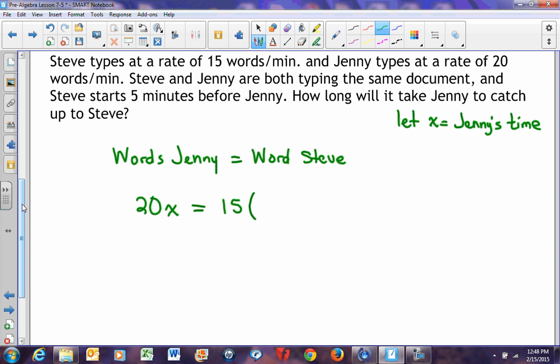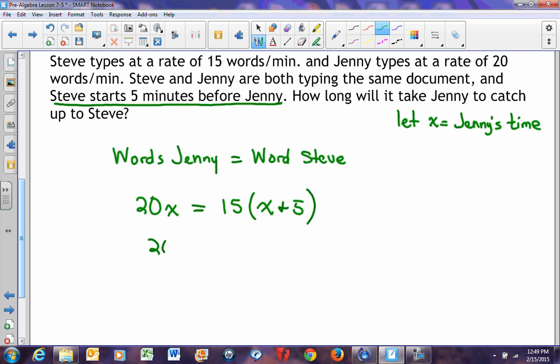If you remember up here in the document, it says that he starts 5 minutes before Jenny, so he would be Jenny's time plus 5 minutes because he got a 5 minute head start. So Jenny's words per minute, 20 times the amount of time she's typing, has to equal Steve's words per minute, which is 15 words per minute, times the time he's typing, which is x plus 5.